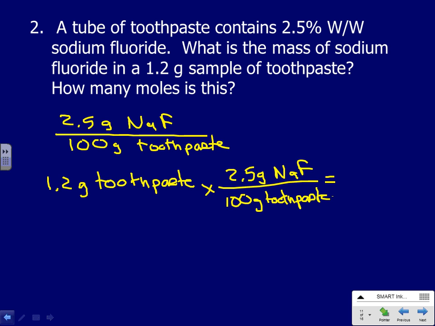Yep. 3.0, that's not a percent. I think we got grams, don't we? Right? Yeah, so 3.0 grams. And that would be of NaF. No good?